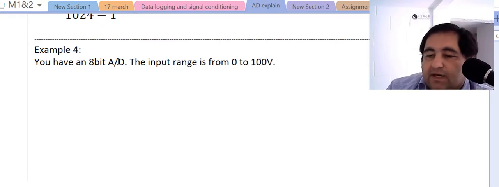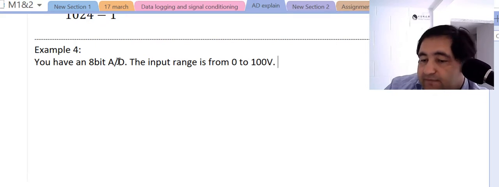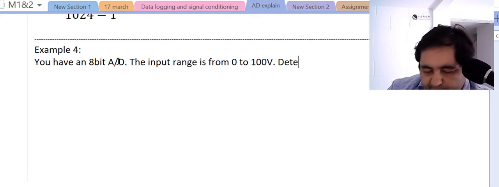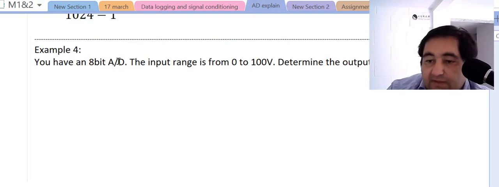Okay, now we have the input range that is given to us from 0 to 100 volt. Determine the output digits. Determine the output digit means the digit that your A to D gets for 20 volt.